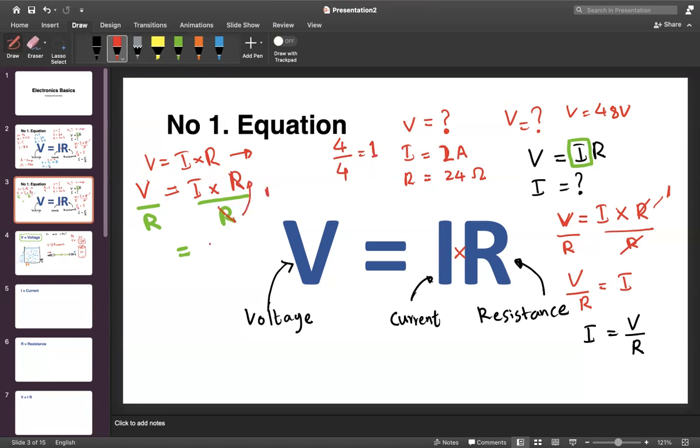Now what happens here? I multiplied by 1. Whatever you multiply by 1, it is the same thing.